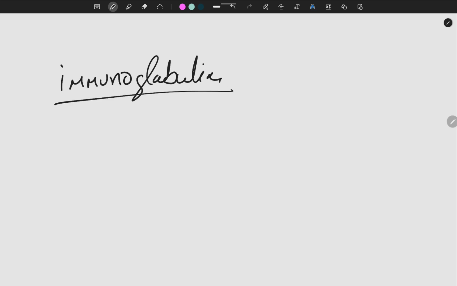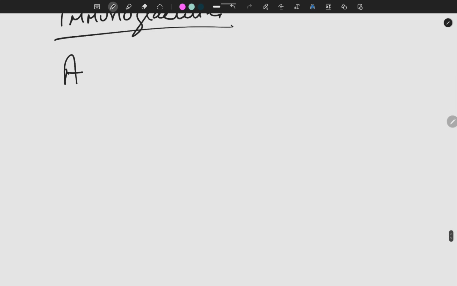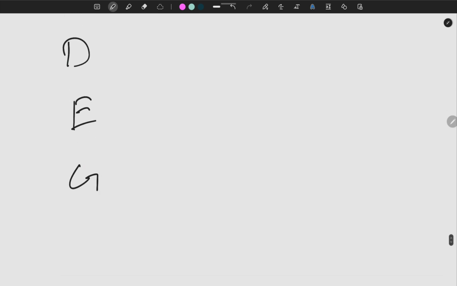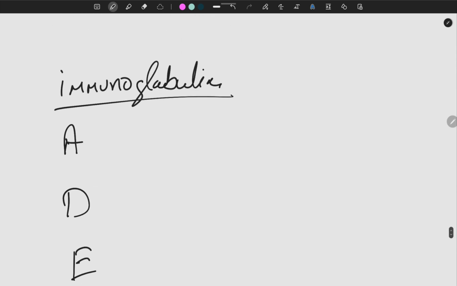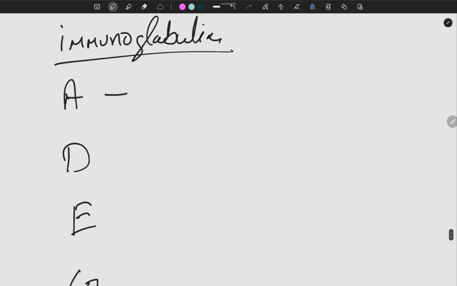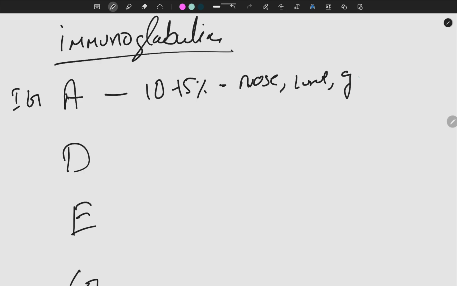Okay, so immunoglobulins are A, D, E, G and M. Firstly we will see immunoglobulin A, IgA. This is 10 to 15% of the immunoglobulins present in the body, and mainly these are present in the nose, lungs and GIT.